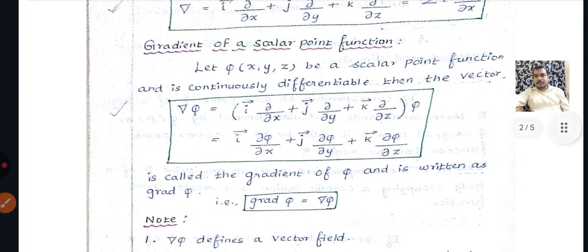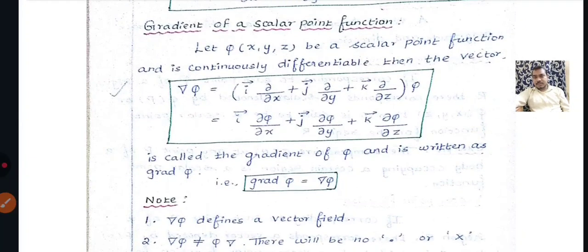Let pi of x comma y comma z be a scalar point function and continuously differentiable, then the vector del pi is described as i vector into dou by dou x plus j vector into dou by dou y plus k vector into dou by dou z of pi, which is equivalent to i vector into dou pi by dou x plus j vector into dou pi by dou y plus k vector into dou pi by dou z, which is called the gradient of pi. It is written as grad pi, that is grad pi is equivalent to del pi, which is called the gradient of pi.